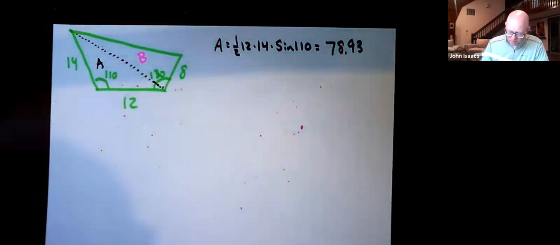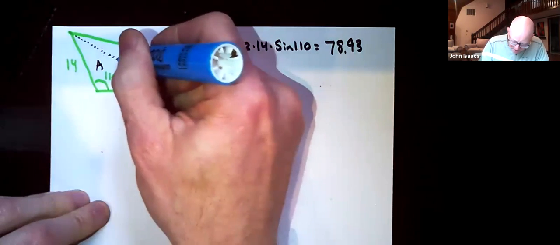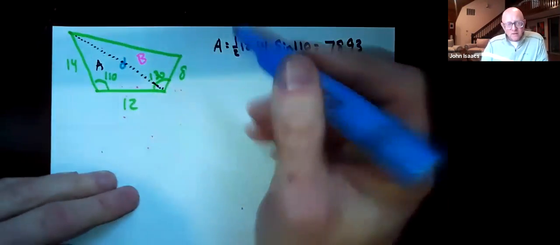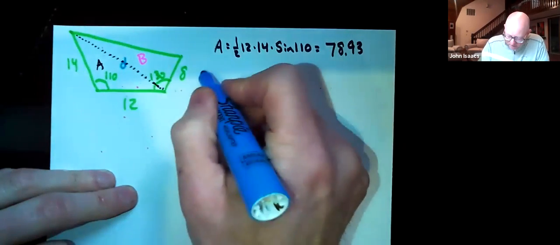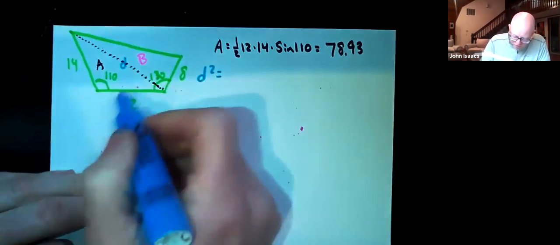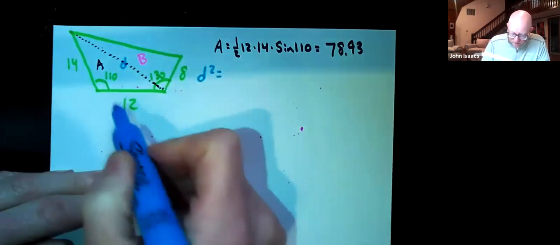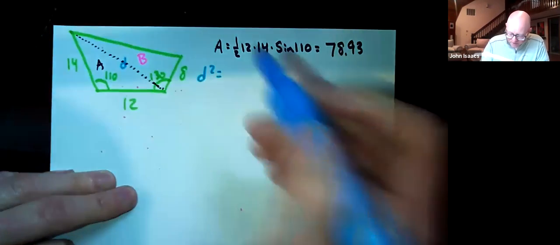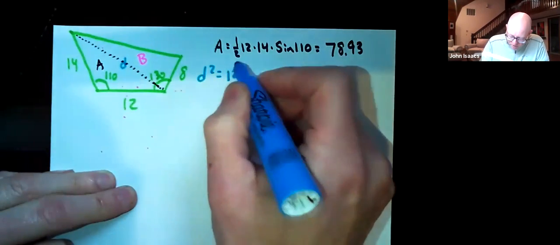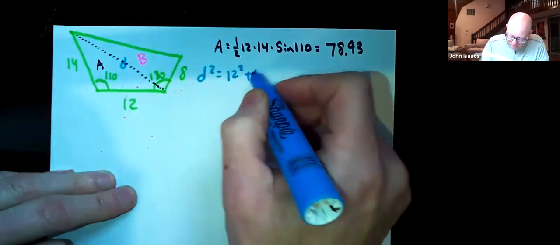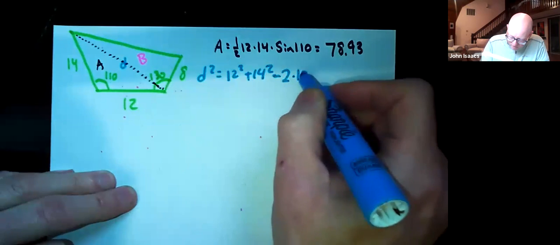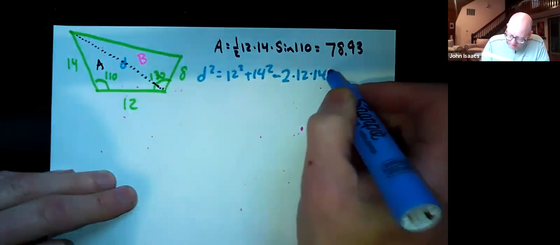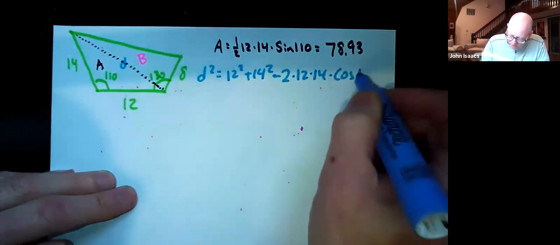Let's see. I'll use blue here. So we're going to call this D. Let's get the length D, the diagonal that we cut. That's going to be D squared. We're using triangle A here, so we can use law of cosines. We have side, angle, side. D squared is going to be 12 squared plus 14 squared minus 2 times 12 times 14 times cosine of 110.